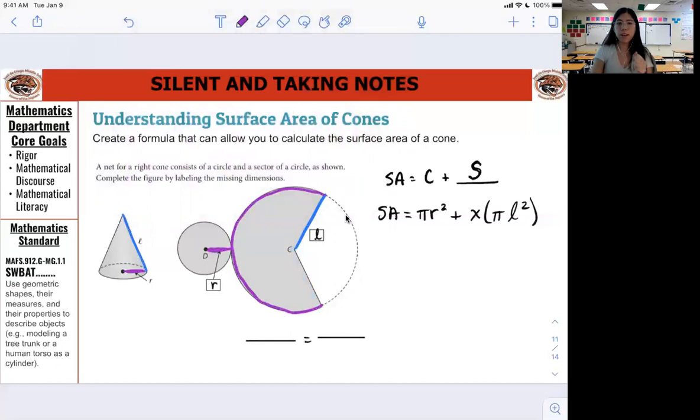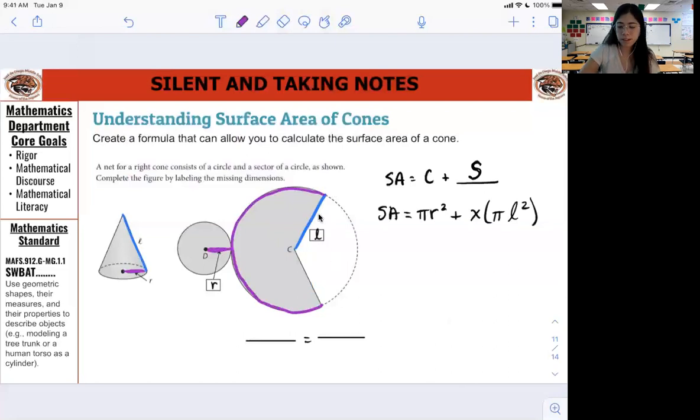But if you put it back together, what would this make? Anyone? Picture it. What I might do for tomorrow, I might actually get a party hat. I'm not even kidding, because it's going to be easier to see it. Can I buy one? You can if you want to. But let's see if anyone can figure this out.